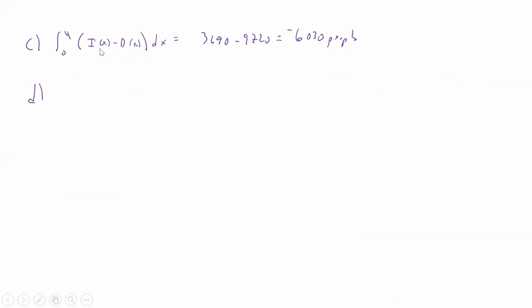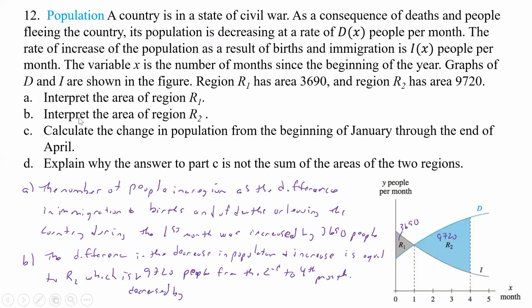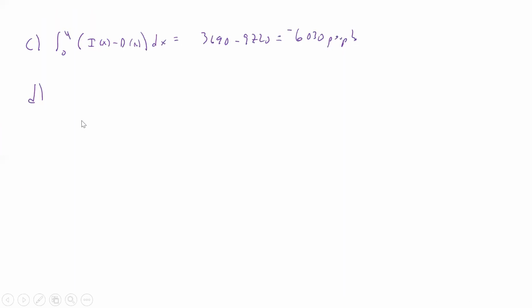Whereas we are looking at the difference, how much did it increase by how much did it decrease? Let's see, how do we want to write that? The two regions, region 1 and 2, represent different things.